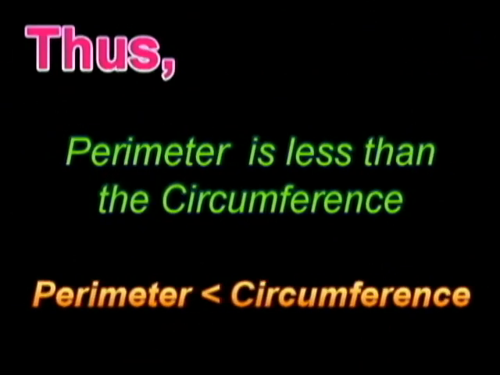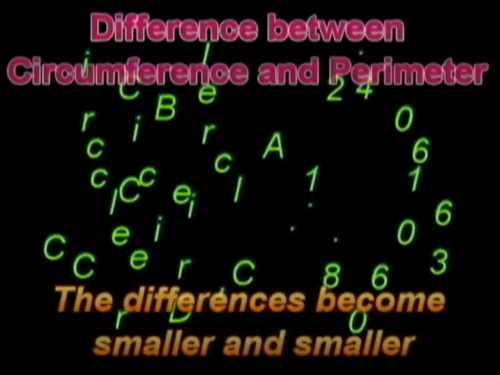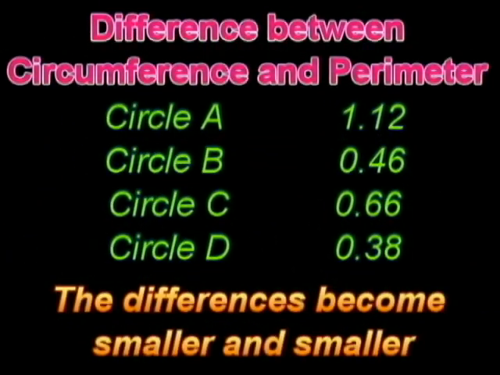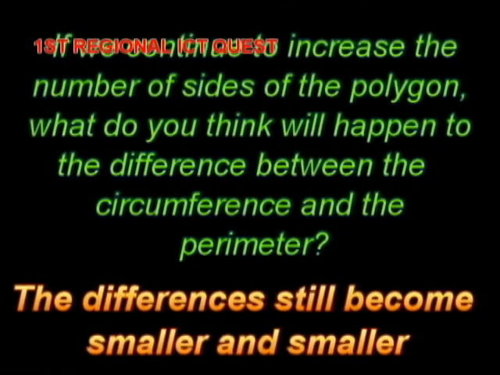The results show that in 4 circles, the perimeter is always less than the circumference. If we consider the difference between the circumference and the perimeter, of course, the difference still becomes smaller and smaller.